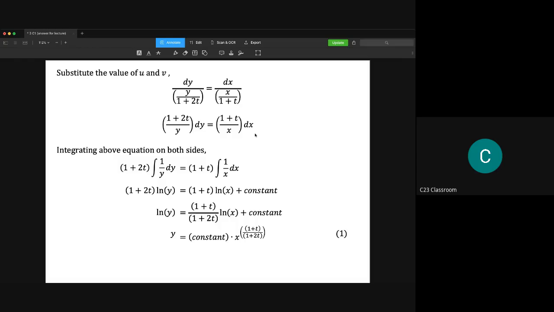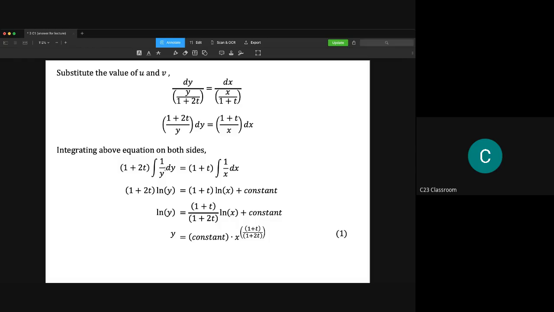Because we have dy and dx here, to eliminate dy and dx we need to integrate both sides. The integration is for y on one side and only for x on the other, so we could do something like this.